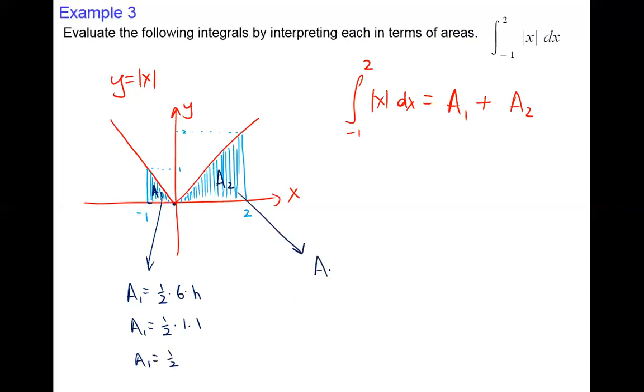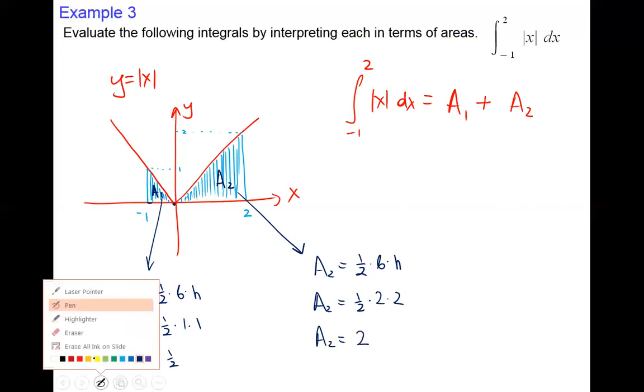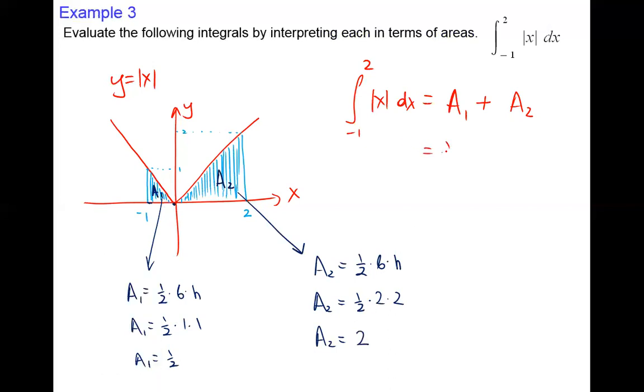And the other one is the same thing, 1/2 times base times height. The base is 2 and the height is 2. It's simply 2. And we can add the numbers together. It's 1/2 plus 2, 5/2.